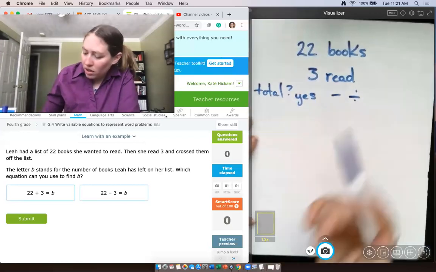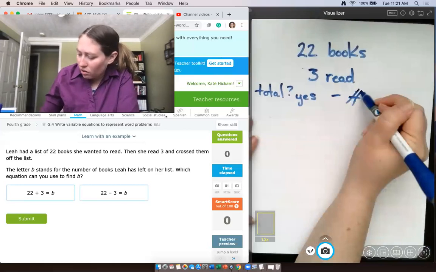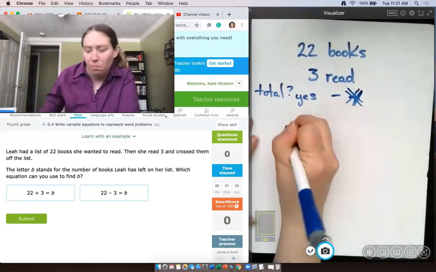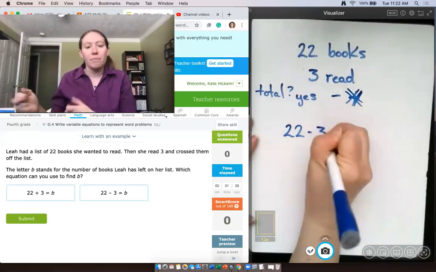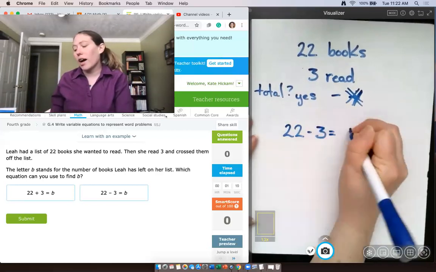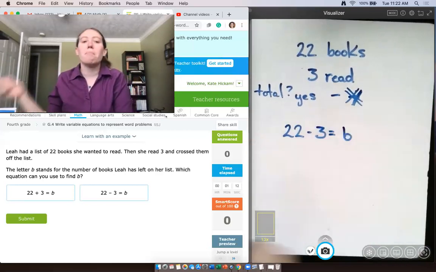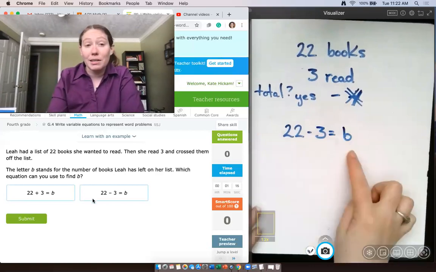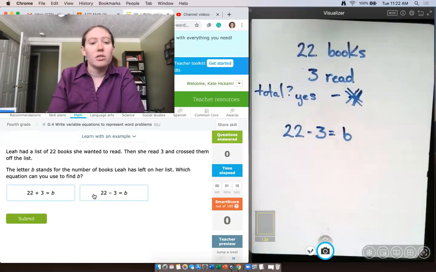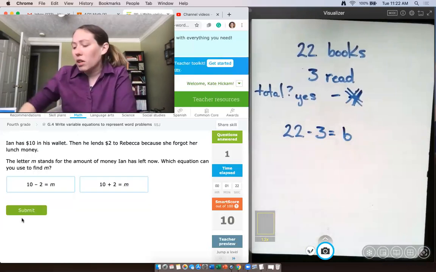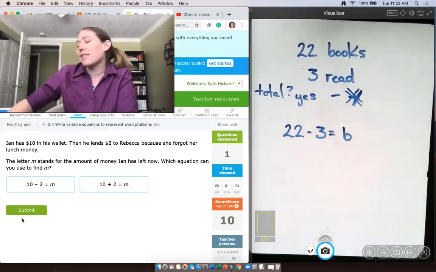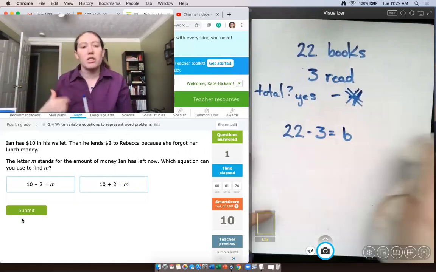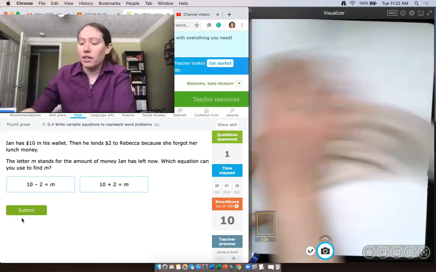So it's 22 minus 3 equals B, for books. Notice how I went through. I wrote my equation before I checked what they had. One of these does match the equation I made, so I'm going to click on that one and hit submit. Remember, I do all of the work first, even pretending I didn't have multiple choice options, because I want to show I understand.